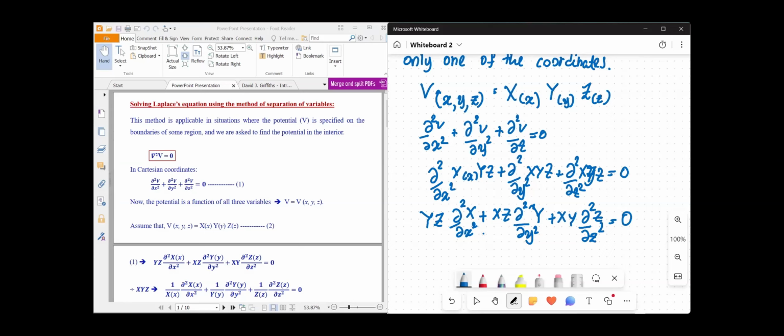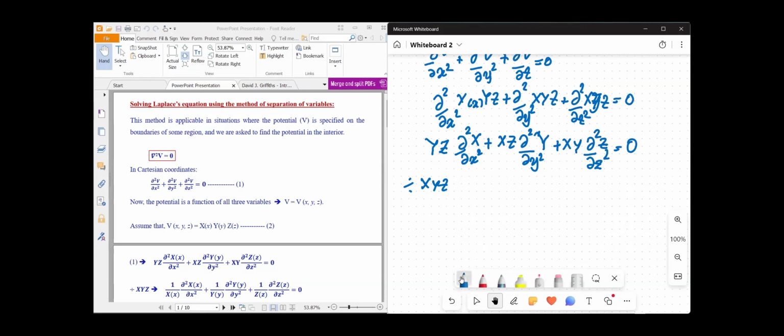Then I'm going to divide both sides by X, Y, and Z. And we will have 1 over X del squared X over del x squared plus 1 over Y del squared Y over del y squared plus 1 over Z del squared Z over del z squared is equal to 0.